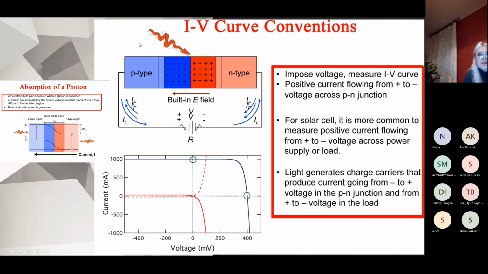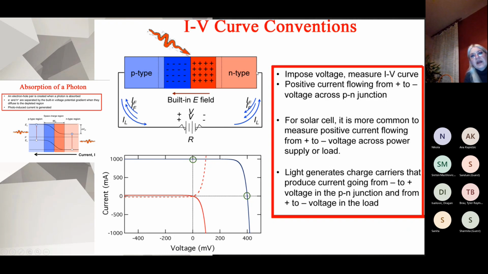Now, we will induce the light-induced current. And this light-induced current, remember, we said goes from the N-type region to the P-type region.